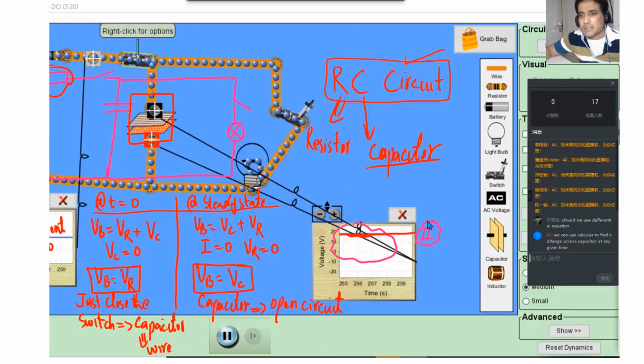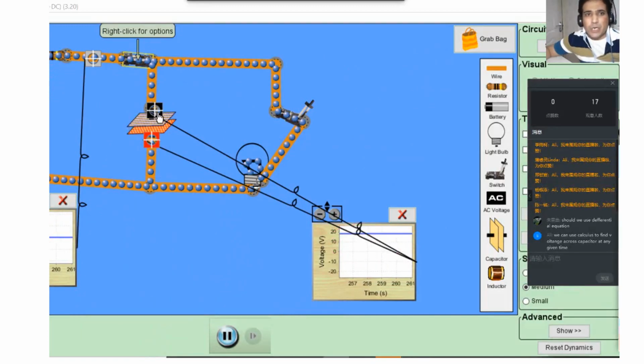Now let's try to understand discharging. Let me clean this and show you what is happening when we discharge a capacitor. I will open this switch, and at this moment the voltage is constant, not changing with time, and the current is zero.